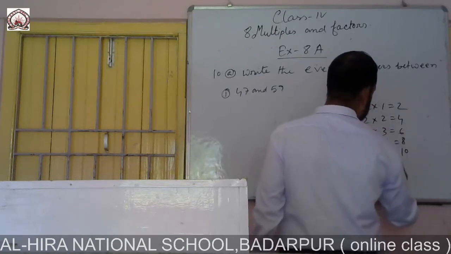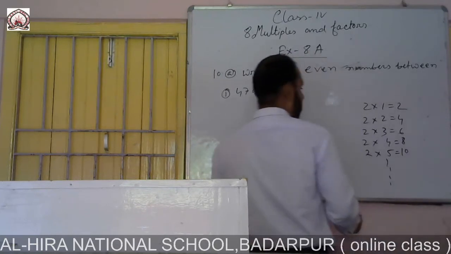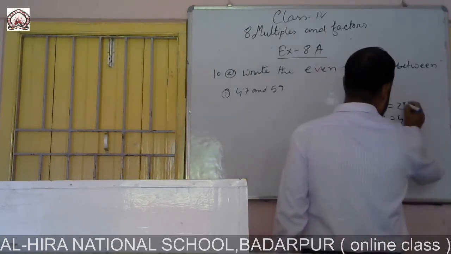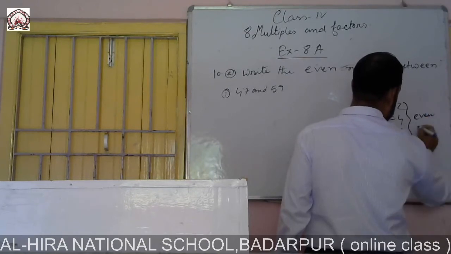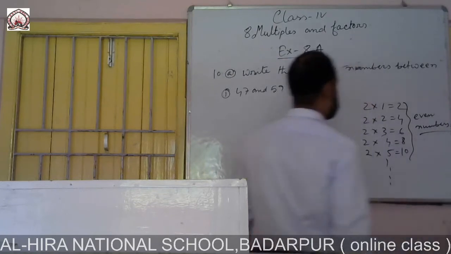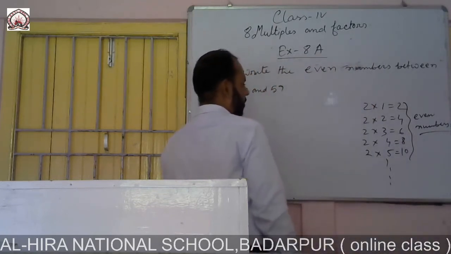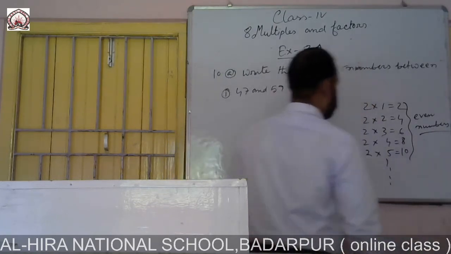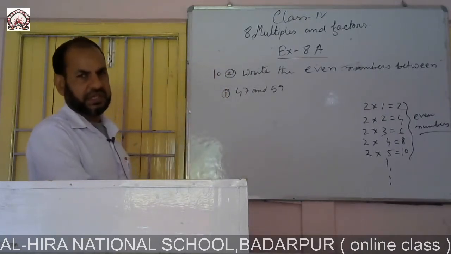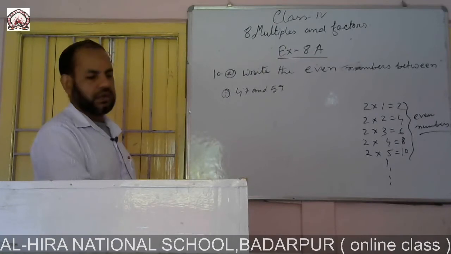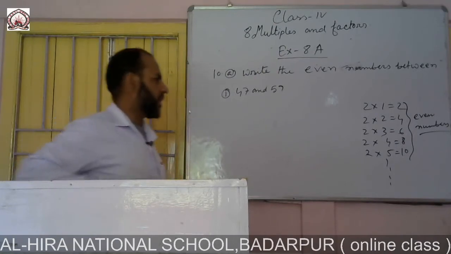Like this, continue, and so on. So these are even numbers. Or we can say, if any number's unit digit is even, then the number is an even number.